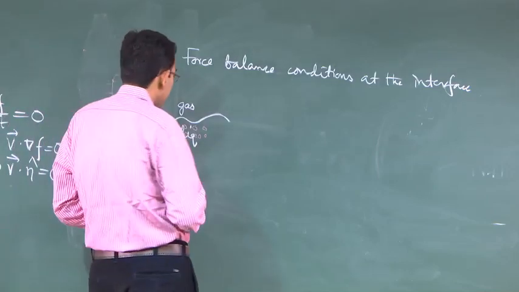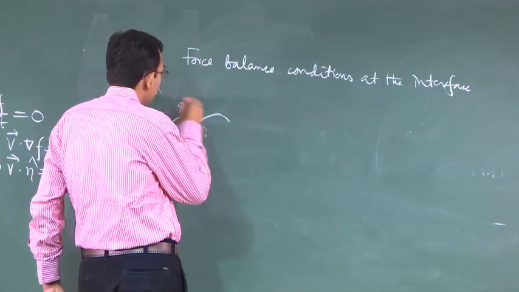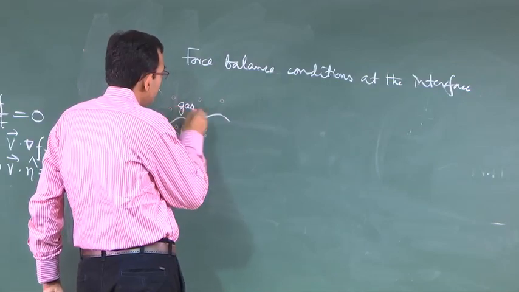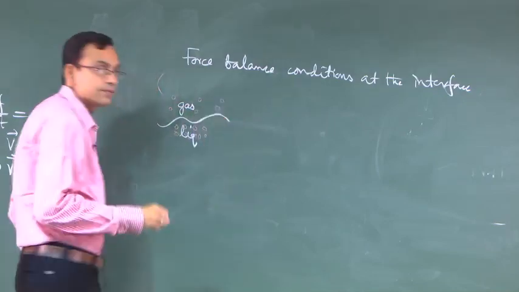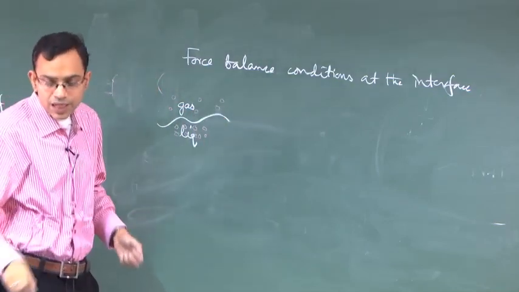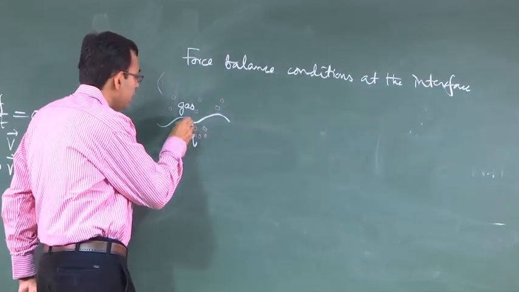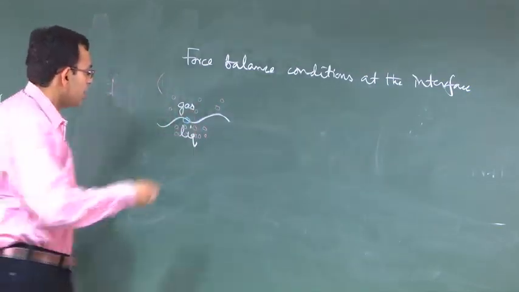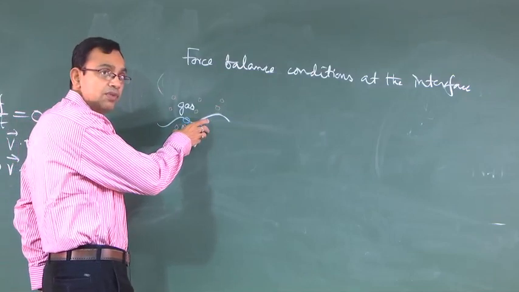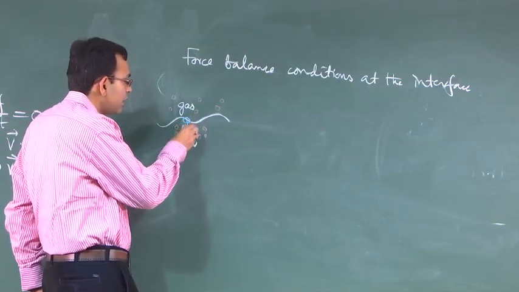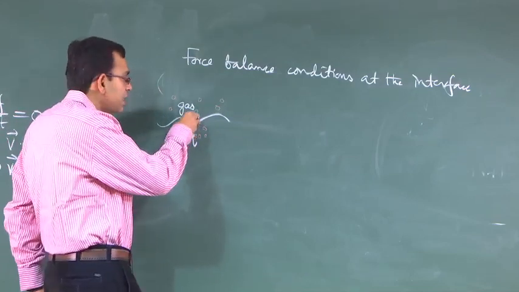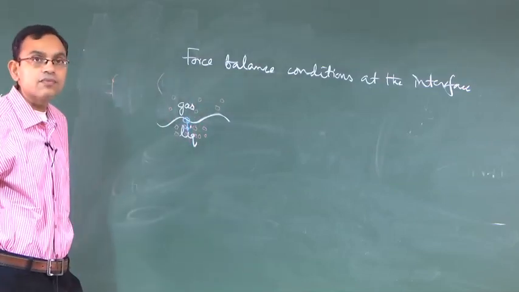On the other hand, on the gas side there will be molecules that are not so closely packed. So, if there is a molecule here, because of the very dense packing of the molecules here, it will be attracted more severely towards the liquid side than towards the gas side.